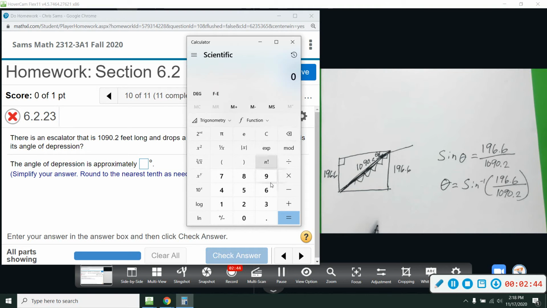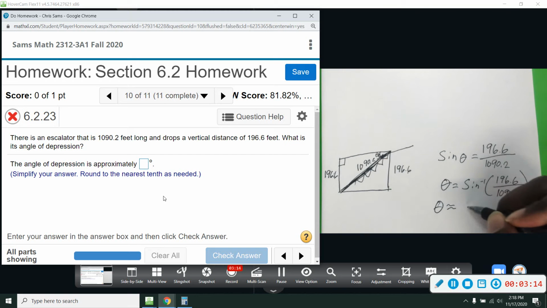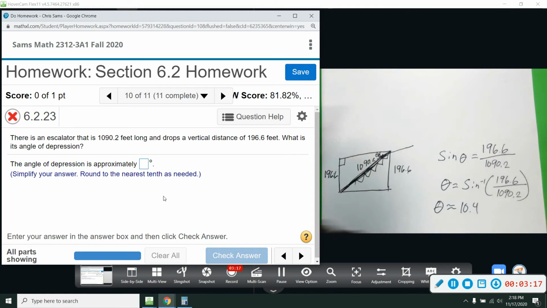Let's try that again. Let's just do it in parentheses first. 196.6 divided by 1090.2. And then we're going to do inverse sine of that. So it looks like 10.38, and that will round up to 10.4. So theta is approximately 10.4.